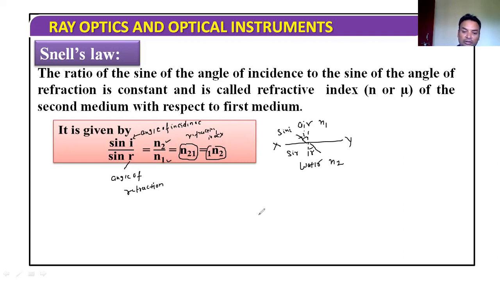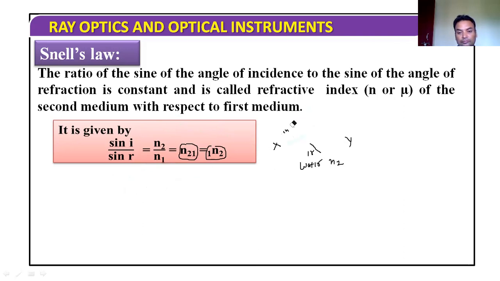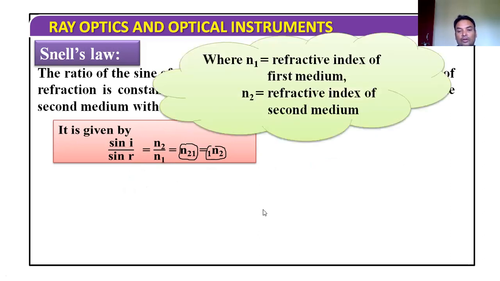So basically here, N is the refractive index. N1 is the refractive index of the first medium, in our case air.